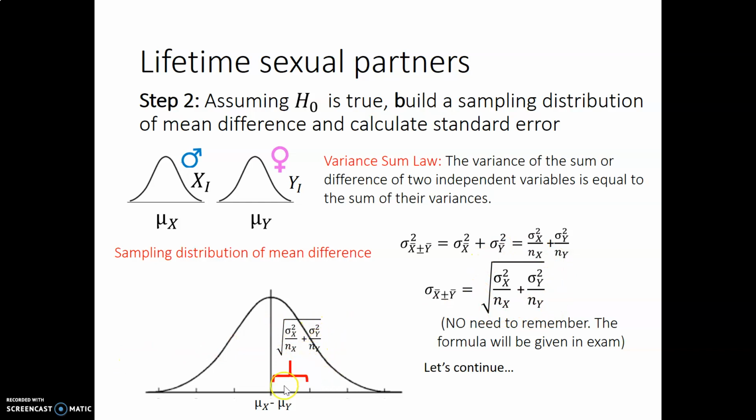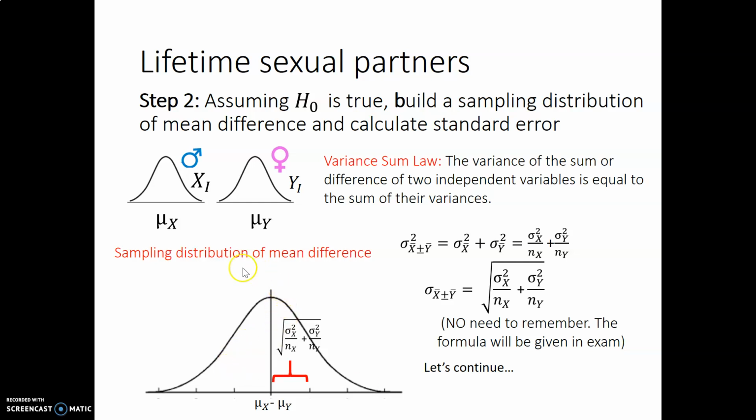The next step is we want to see where our observed difference between men and women falls in this sampling distribution of the mean difference. Let's say our observed mean difference falls somewhere here. We claim that the probability of getting such a large number is very unlikely, so we're gonna go back and question the null hypothesis we just built and then reject it.